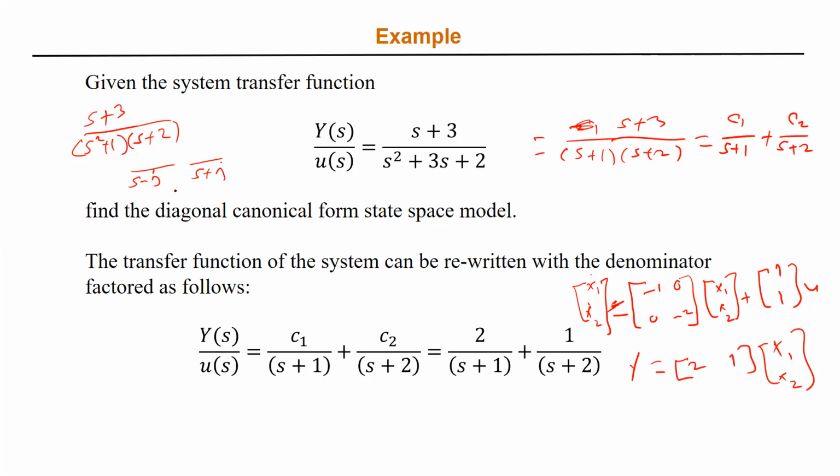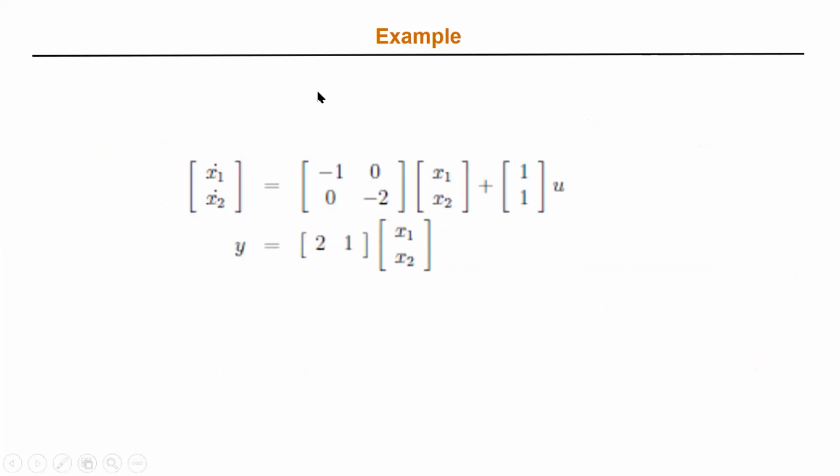For the premise that we can factorize, the transfer function is not always the case. You can write it as, let's say, C over s squared plus 1.